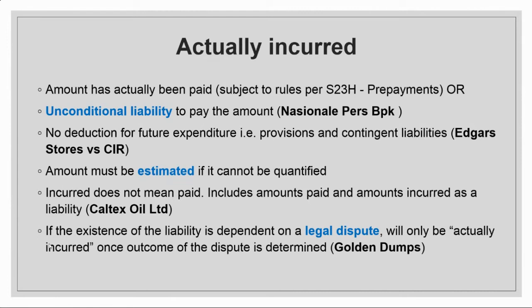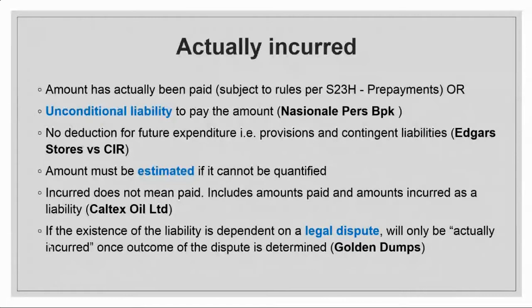Okay, another thing is you have an unconditional liability to pay that amount, and that is according to the Nationale Pers BP case. However, I'm not allowed to deduct any future expenses. So if I create a provisional contingent liability, so something still needs to happen before I am liable to make that payment, that is according to the Edgar Stores court case.